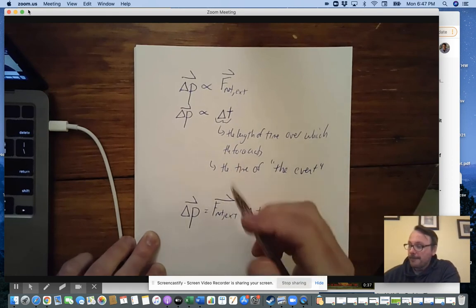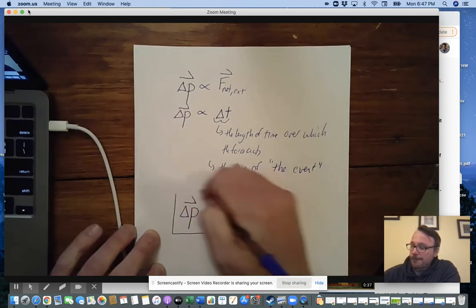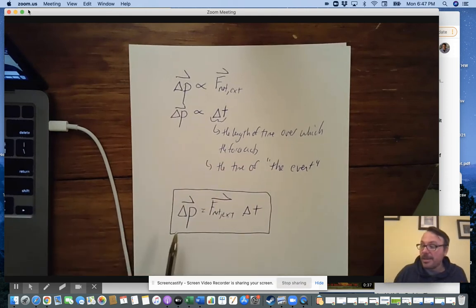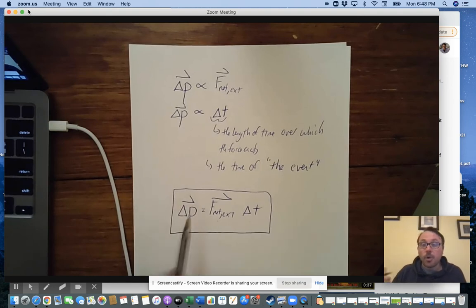Okay? We're going to box that. Notice here, delta t has to be positive, meaning that these two vectors will always point in the same direction as we argued. The bigger the net force that acts on something, the greater the rate of change, the longer the time, the more amount of change that can occur. And this is recording the amount of change that can occur.